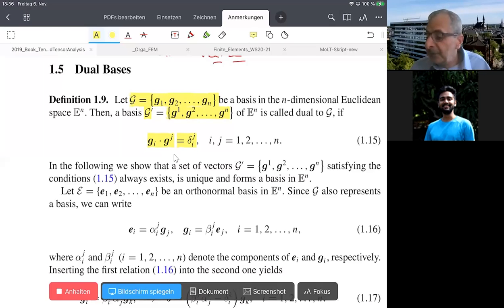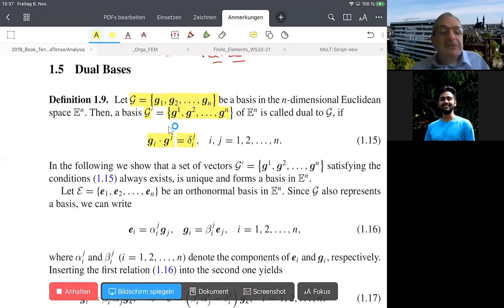And here we have two different bases, G and G dash. This is the difference. That means that these vectors will still be orthogonal, but they need not be unit vectors. And this orthogonality holds only between the first basis and the second, the original basis and the dual basis.